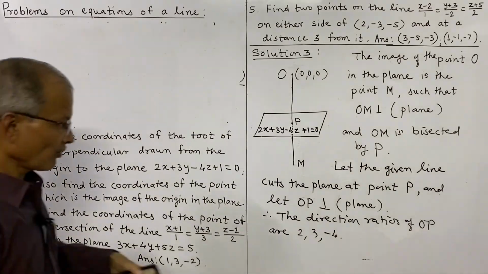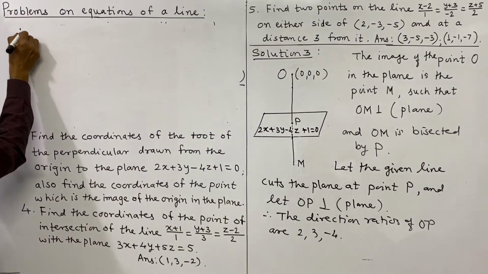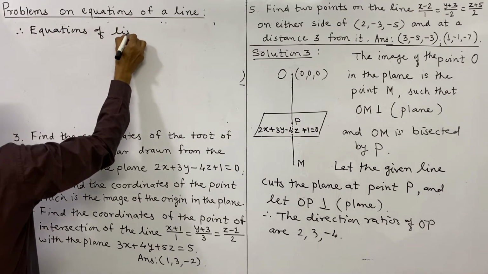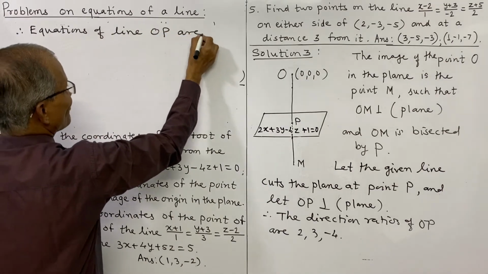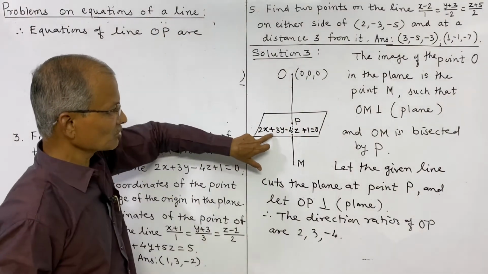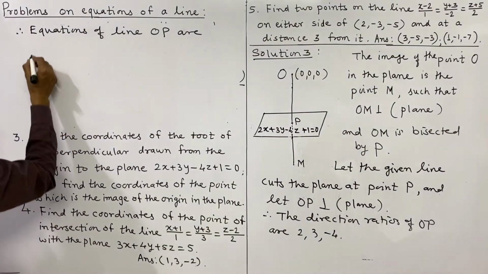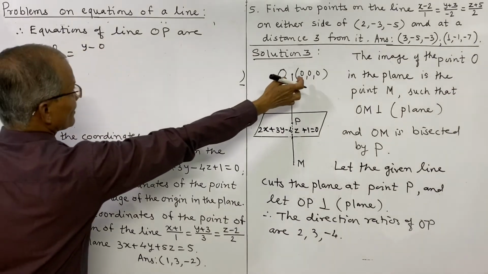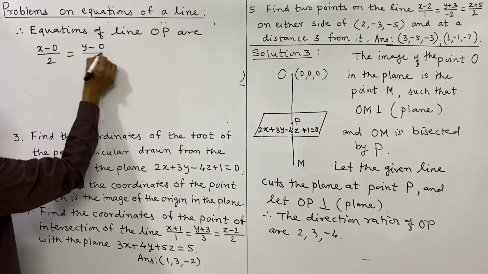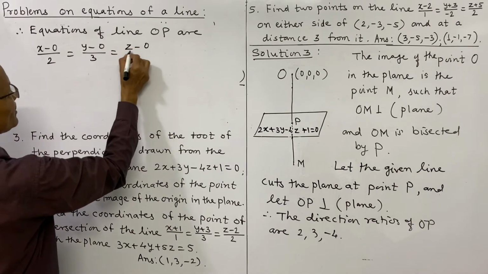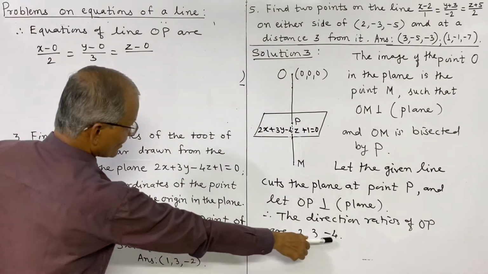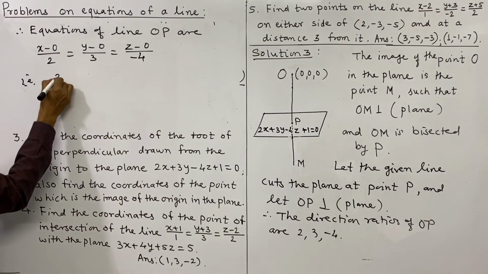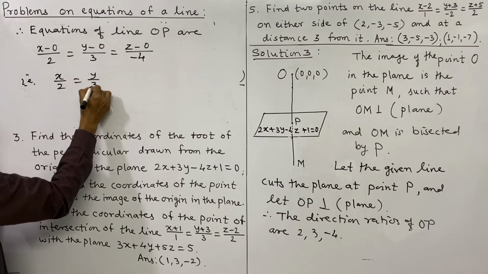So the direction ratios of OP are this, and therefore the equations of line OP, passing through the origin and having DRs 2, 3, minus 4, will be x minus 0 divided by 2 is equal to y minus 0 divided by 3 is equal to z minus 0 divided by minus 4. Or simply x by 2 is equal to y by 3 is equal to z by minus 4.